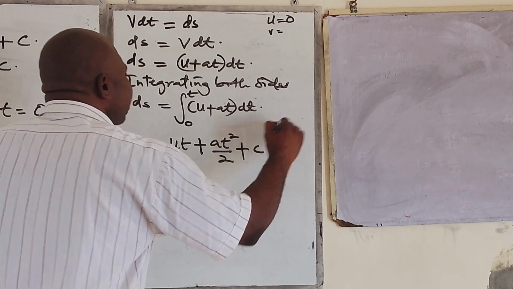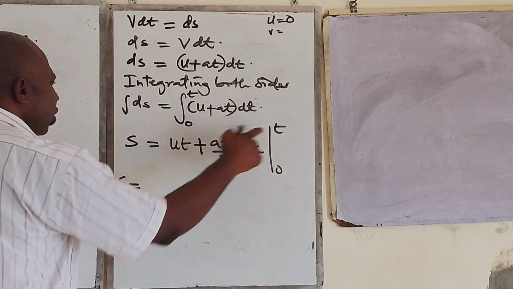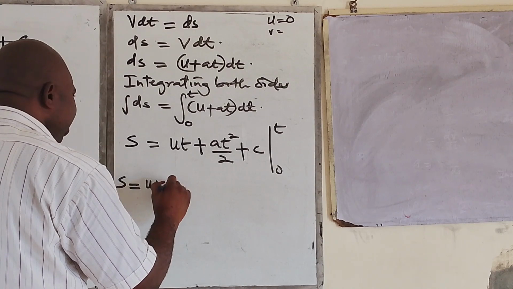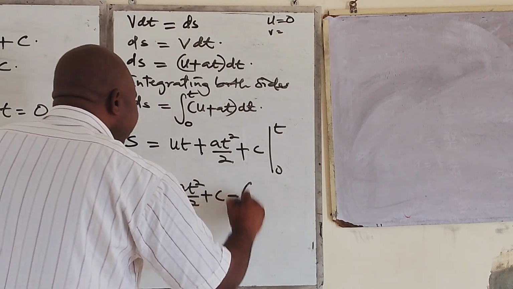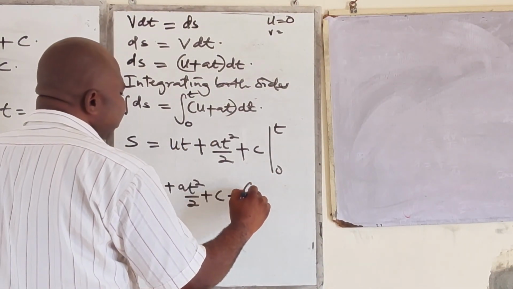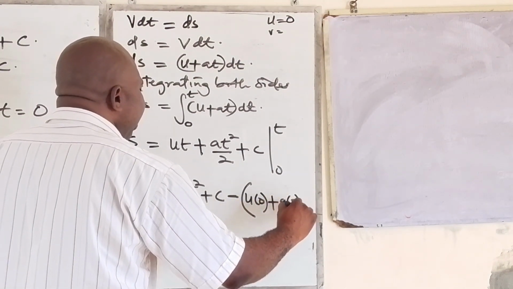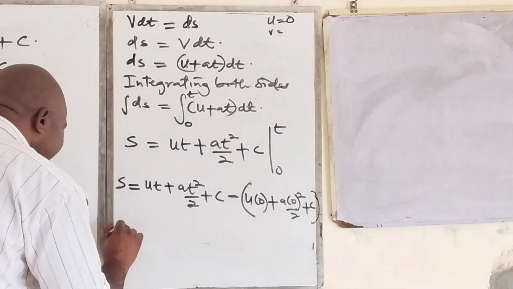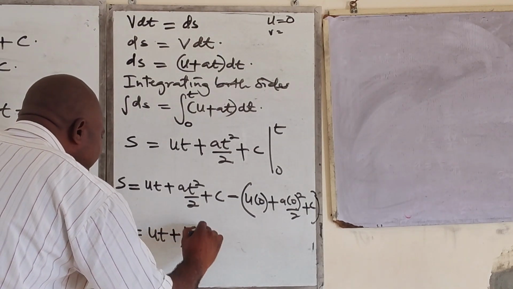So the value of our x now will be equal to, the first thing is to substitute t here: ut plus at squared all over 2 plus c, then minus, you substitute 0 anywhere you see t, so u0 plus a0 squared all over 2, plus c.